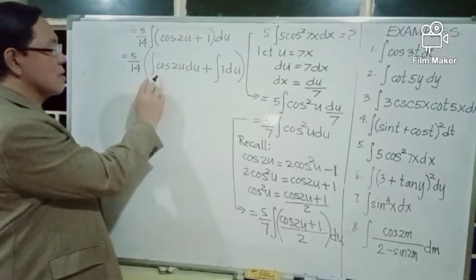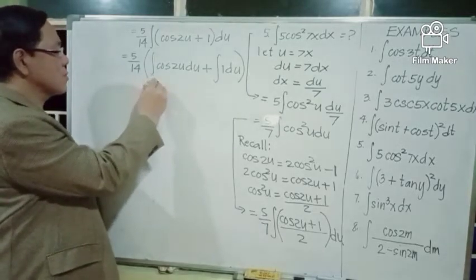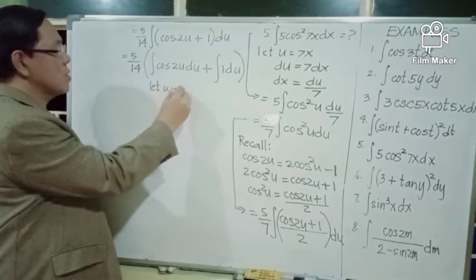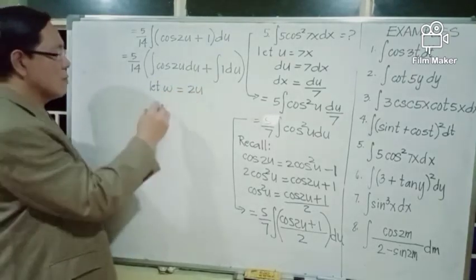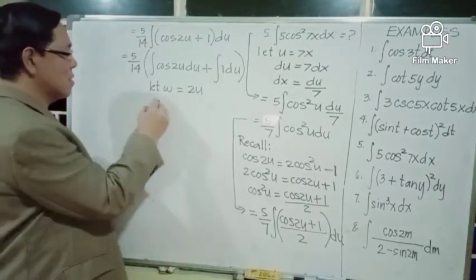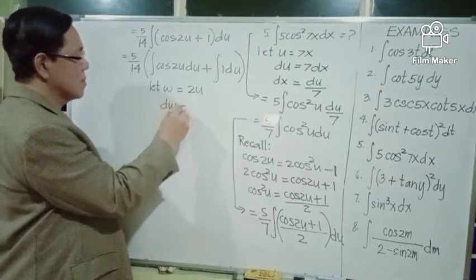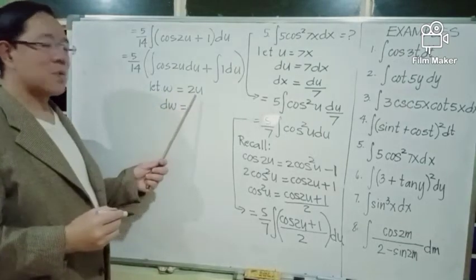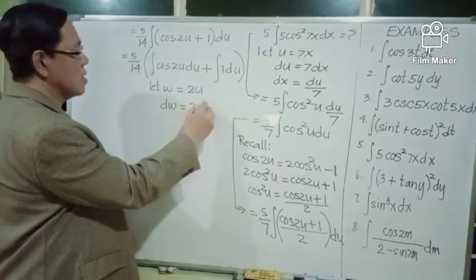For the integral of cosine 2u with respect to u, we let w be equal to 2u. We differentiate both sides. The derivative of w is 1 times dw. The derivative of 2u is 2 multiplied by du.